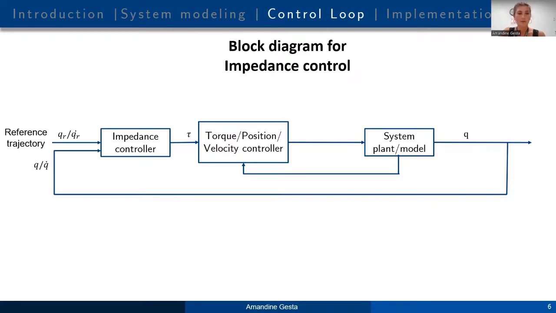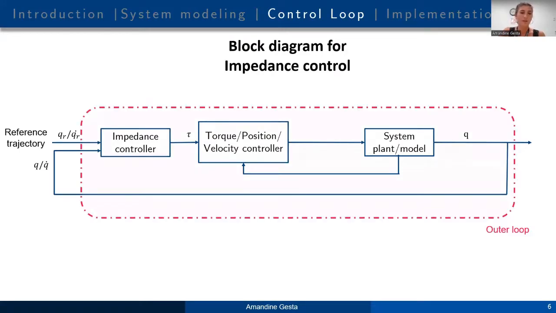You would find an outer loop for the impedance controller that takes in input the reference trajectory, and outputs the command torque for the actuation system. And also you would find an inner loop that could be a torque, a position, or a velocity controller, because we want to monitor the behavior of the system in terms of velocity, position, and torque.